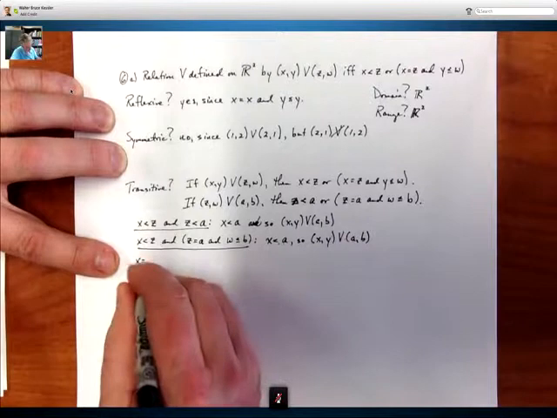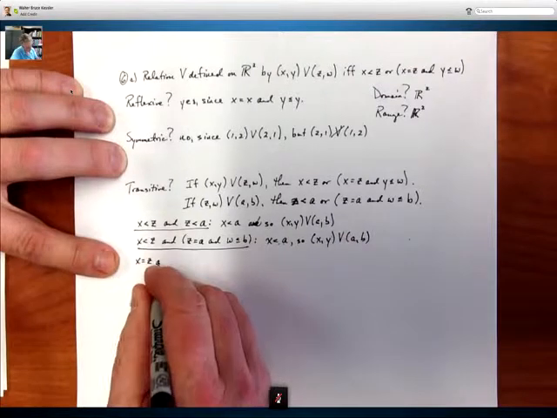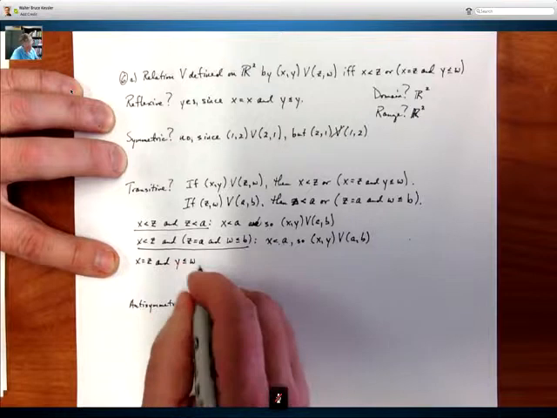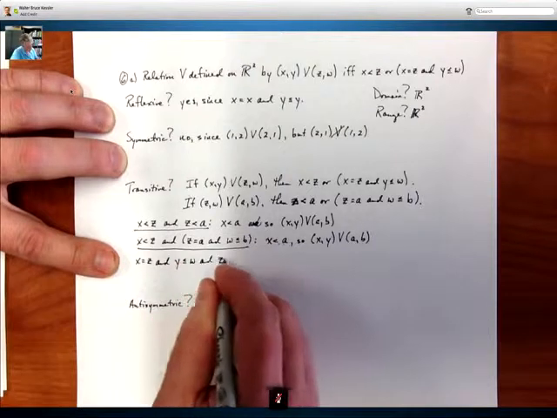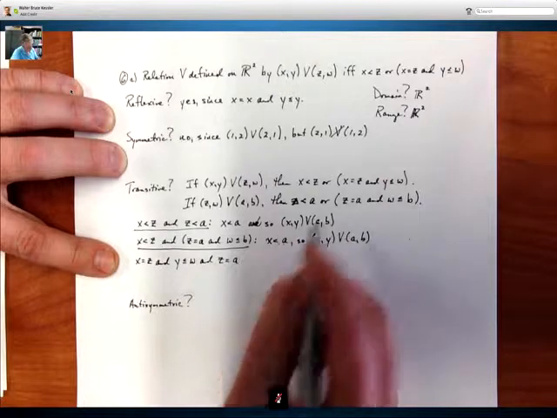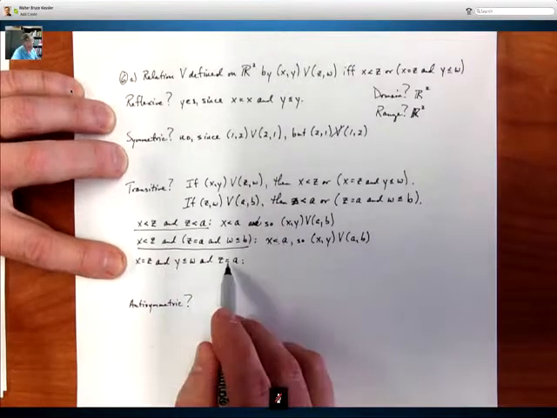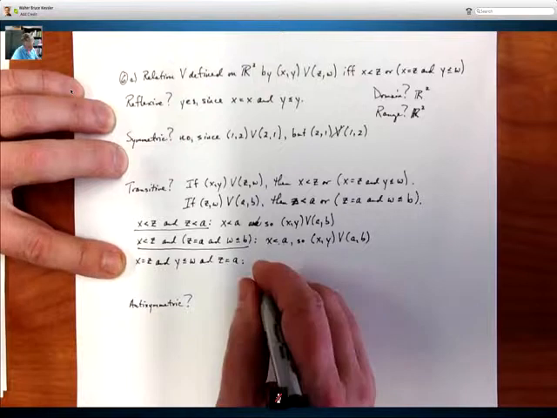Or maybe this one happens. x is equal to z, and y is less than or equal to w, and z equals a. Now I'm going back over here. Well, that means that x is equal to a, right?